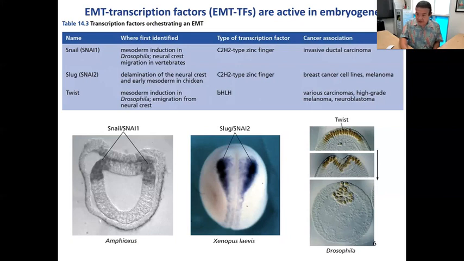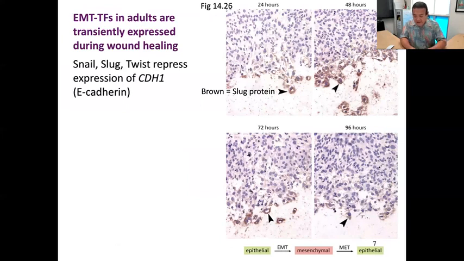But is that really true? Because we talked about wound healing and how under the conditions of wound healing, you actually need to have epithelial cells suddenly be okay becoming mesenchymal. So not surprisingly, during wound healing, these EMT transcription factor genes get turned on again, only in those cells that are right at the site of the wound, in order to get those cells to participate in moving around and trying to heal the damaged tissue.